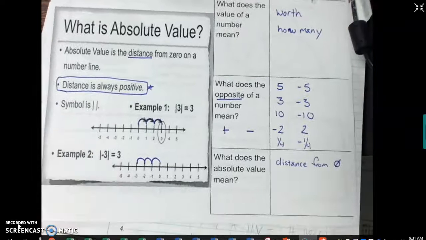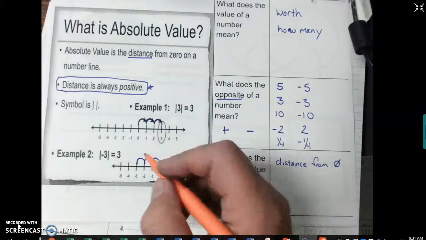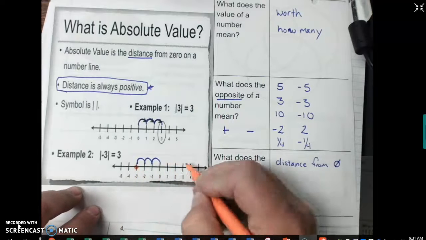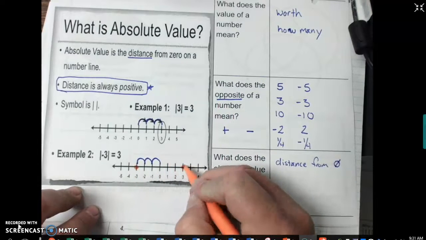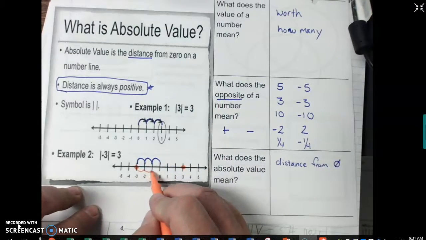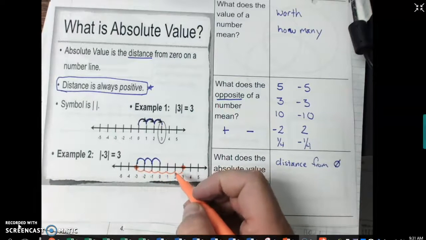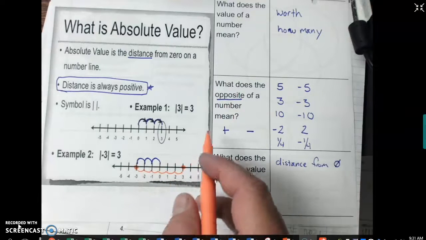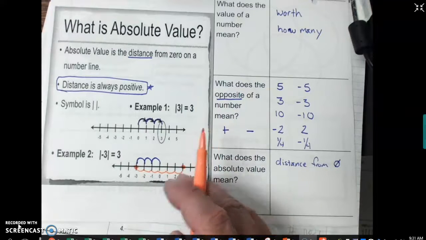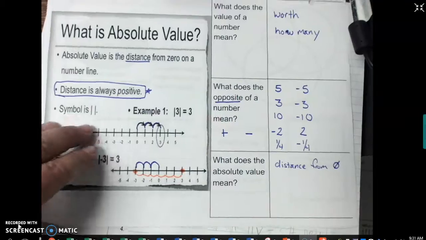Let's do this real quickly. So absolute value is distance from 0. What is the distance from 3 to -3? 6 units. 1, 2, 3, 4, 5, 6. And we can find that by either doing this or doubling the absolute value. Does that make sense? Okay, good.